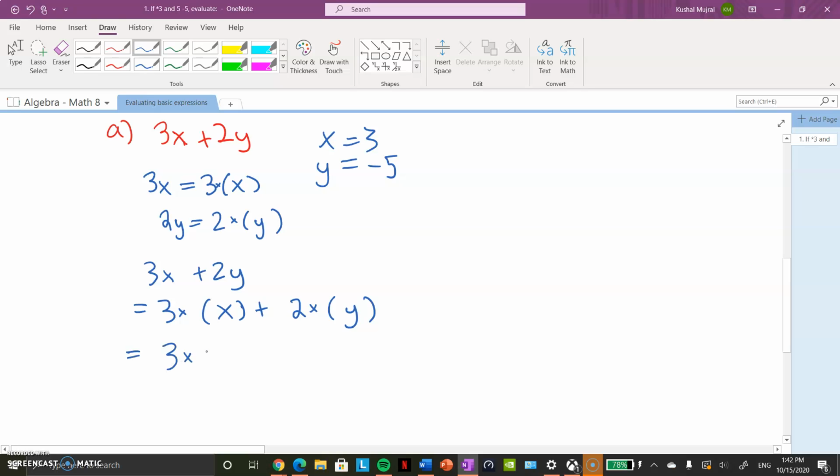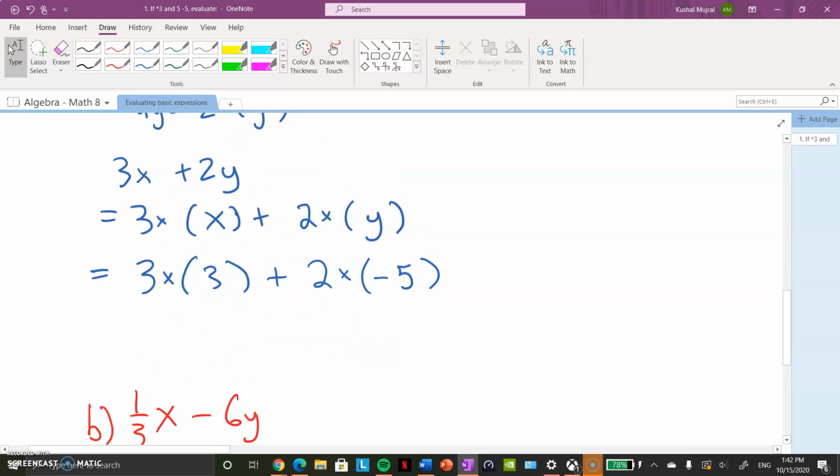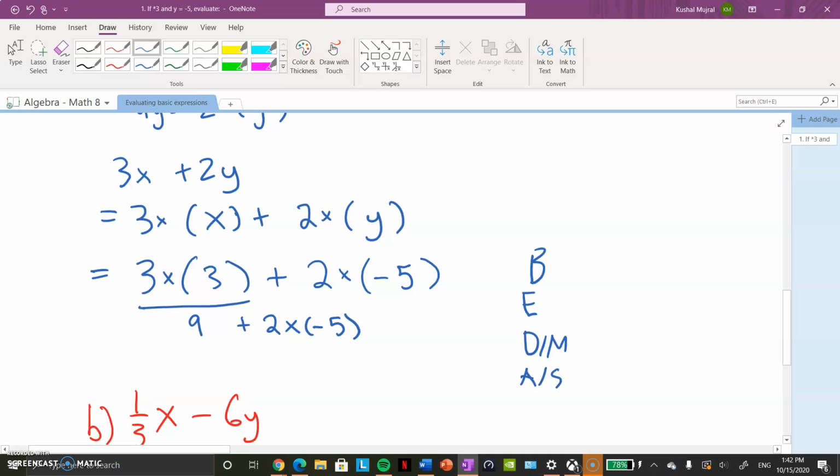So, 3 multiplied by 3 plus, and we know that y equals negative 5. So, 2 multiplied by negative 5. And then now, we can solve this, which is 9 plus 2 times negative 5. So remember, BEDMAS. So first we're going to solve from the left to right this multiplication.